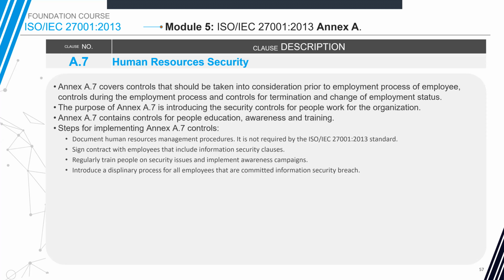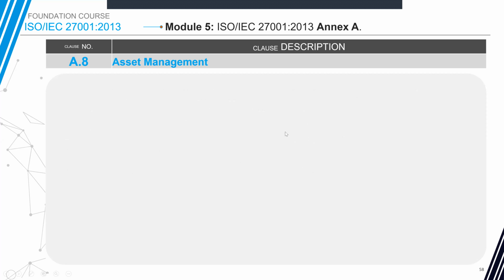Annex A.7 explains human resource security. If you remember when I told you why HR is important, and I asked this question, I think on the first day, we said that people are assets for the organization. Besides, they are the weakest point in the security chain.